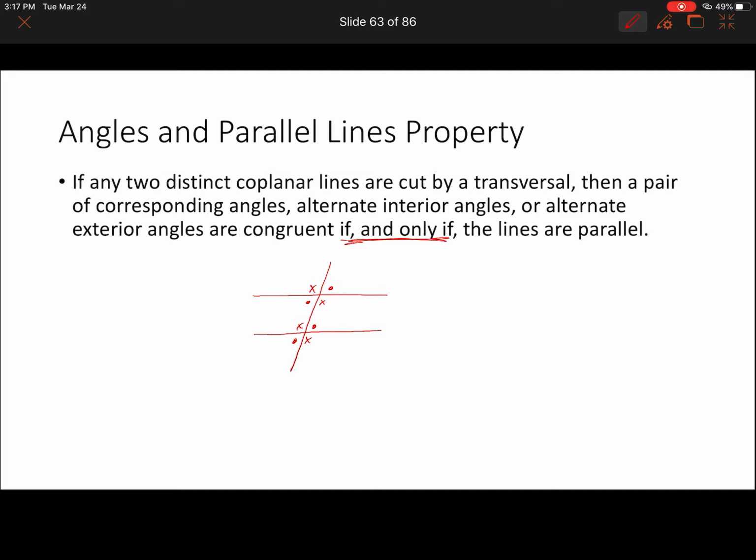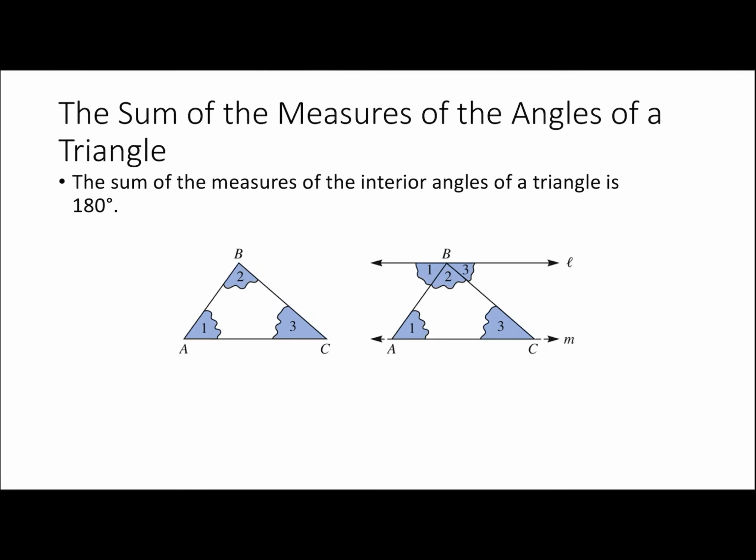If all of those are congruent, then these others also are congruent, because they're corresponding, alternate interior, alternate exterior, and vertical. So you've got all of these different angles, and they all have similar angle measurements. What we're going to look at in the next few slides focuses on finding angle measurements based off of some of these properties.